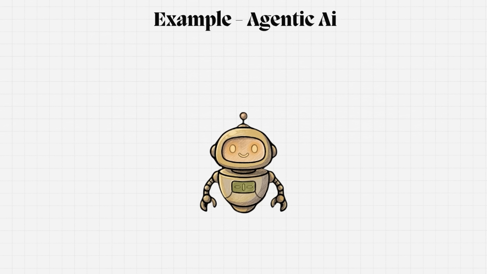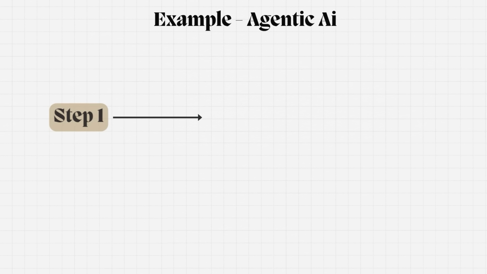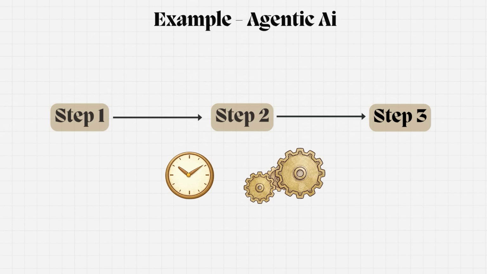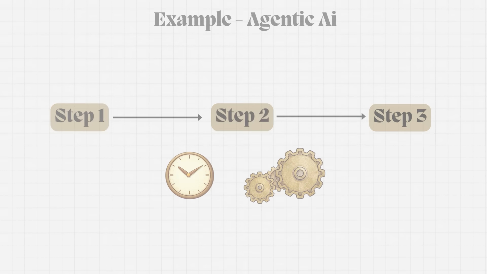Use agentic AI when you need to complete multi-step workflows, and the task requires real-time information, or when you need a system to actually execute actions, not just talk about them or give you replies to your questions, or even when the steps are not fully predictable, where the agent needs to reason and adapt.